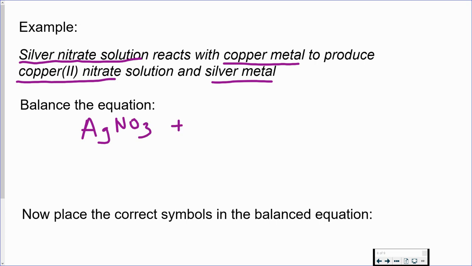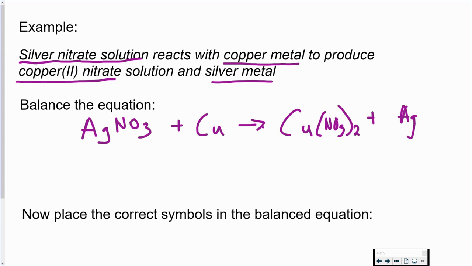Then I'm going to write copper metal, which is just Cu. It produces, that's why I got the yield arrow, which leads to copper 2 nitrate plus silver metal.